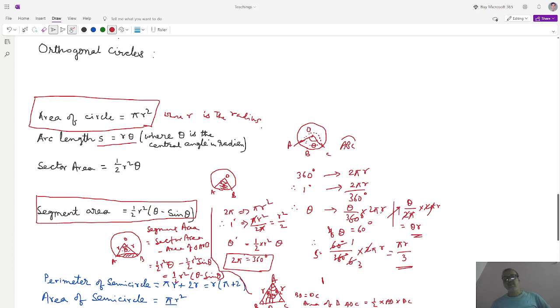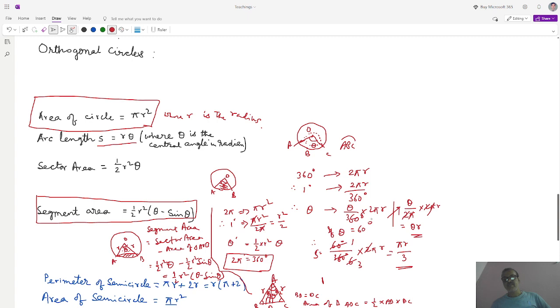But if we convert this figure into radian, what will we get? We have to put 2 pi in place of 360 degree.